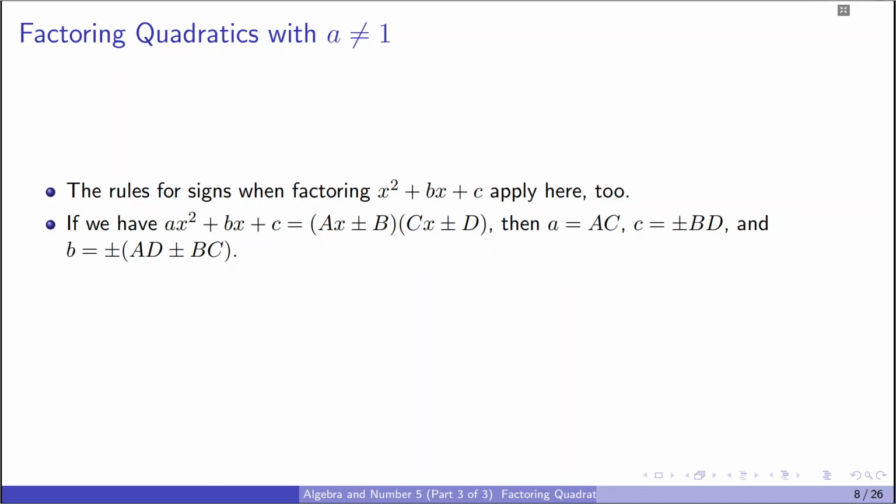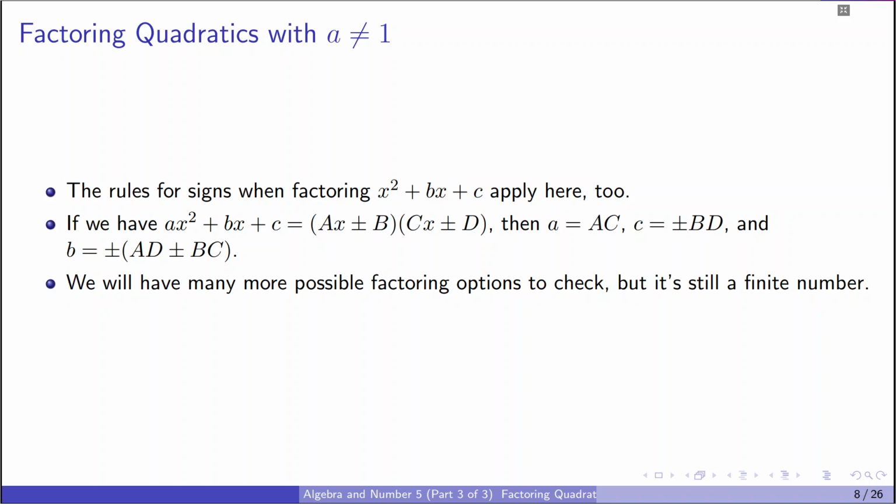Lowercase c is the product of our two constants, B and D. Lowercase a is the product of capital A and capital C. And our b term, the cross term, is a combination of AD and BC. Adding or subtracting depends on the signs on the actual values.